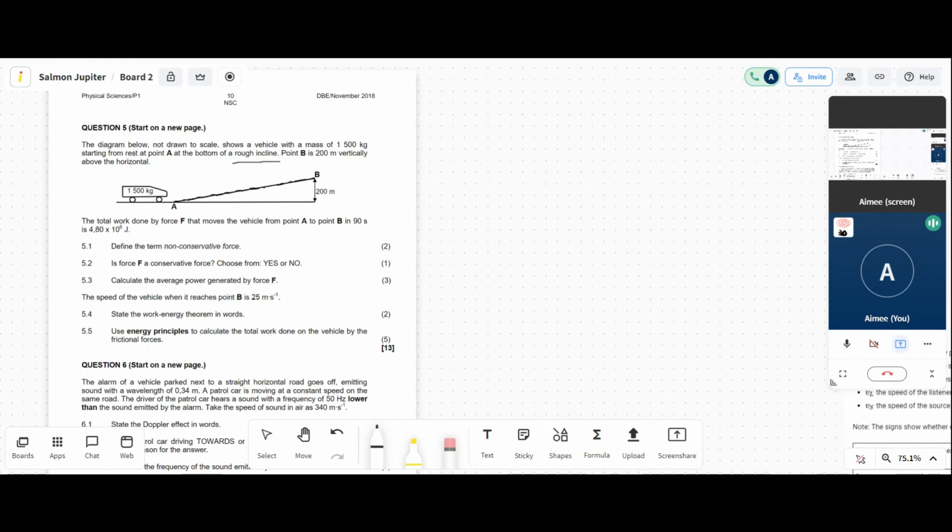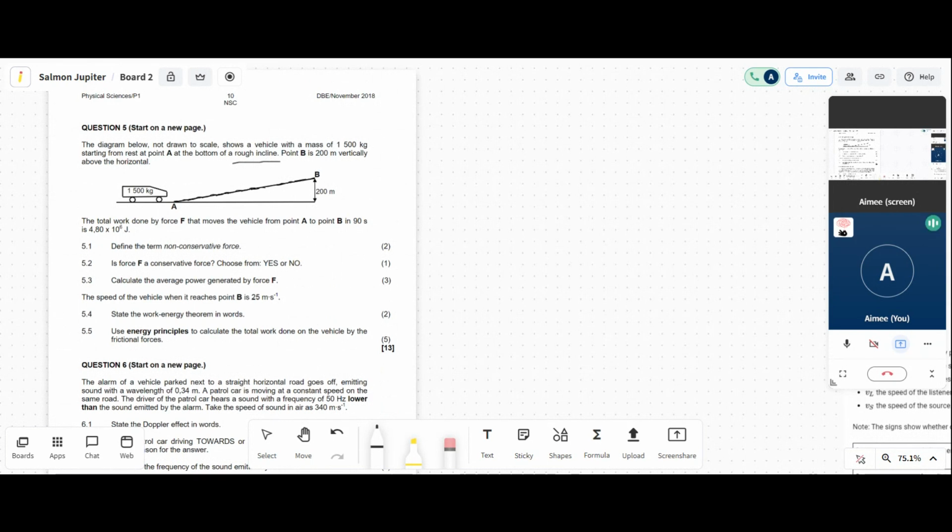The total work done by force F that moves the vehicle from point A to point B in 90 seconds is 4.80 times 10 to the power of 6 joules. Okay, so the first question says, define the term non-conservative force. Again, just reiterating, you need to find your definitions and you need to learn them. But I'll tell you what this one is.